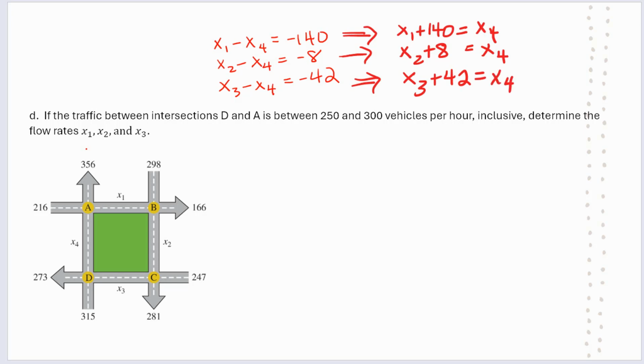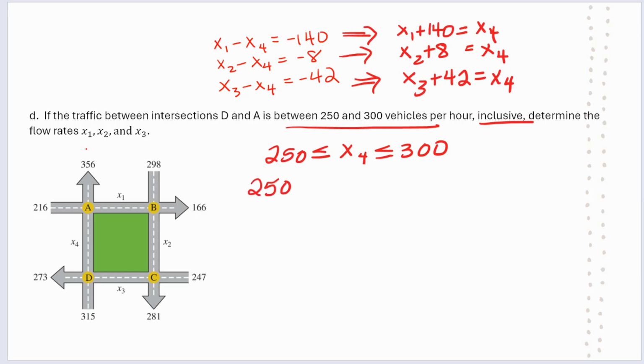And I'm putting them like that so that I can work with these ranges, because it says that x sub 4 is between those two numbers. So that means it's greater than or equal to 250 and less than or equal to 300, because it says inclusive, and that's why I put less than or equal to. So that's where x sub 4 is, which means that 250 is less than or equal to x sub 1 plus 140.